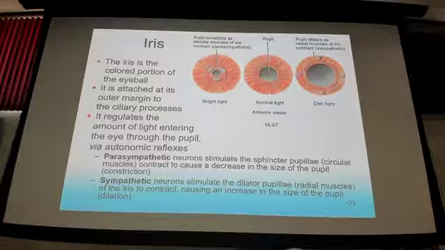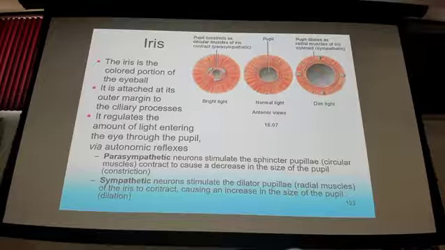When you look at light coming into and out of the eye, the pupil, the iris is going to control the size of the pupil. It's going to do this using the parasympathetic and sympathetic systems. Now we know that when you activate the sympathetic system, your eyes are going to dilate. In that case, we're going to use the radial muscle. The radial muscle is going to pull, if you notice the little blue areas, out like this, and that's going to cause your eye to dilate.